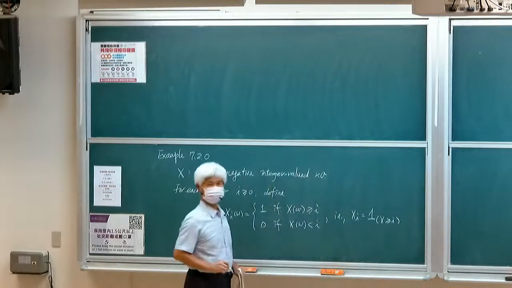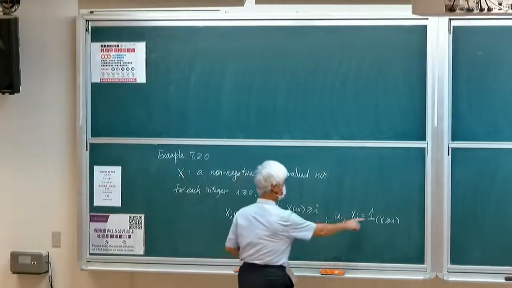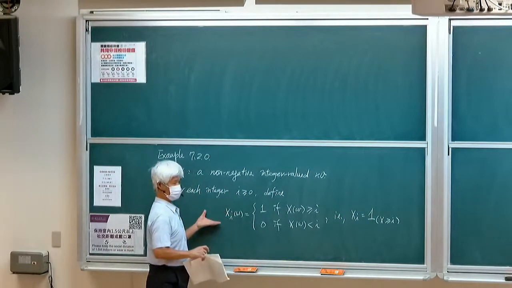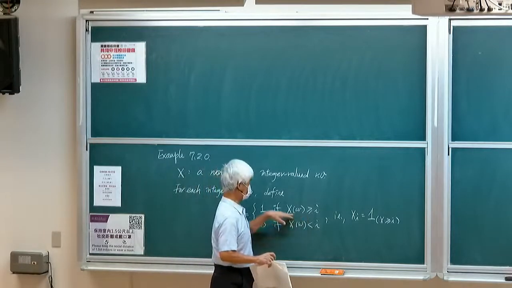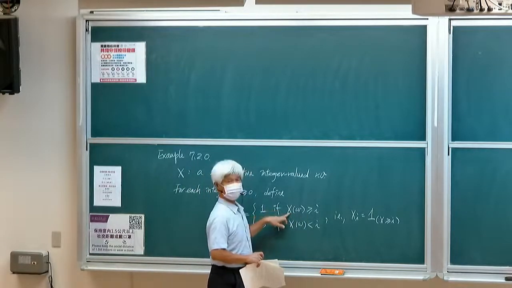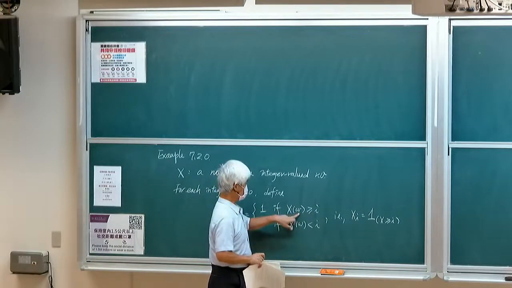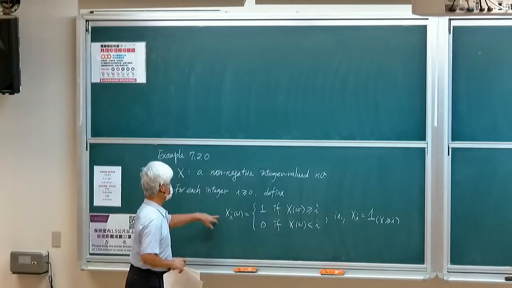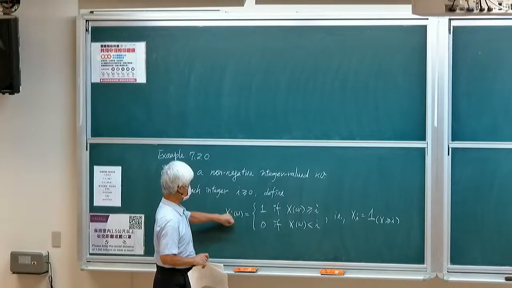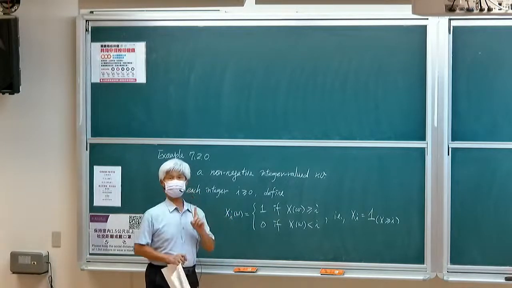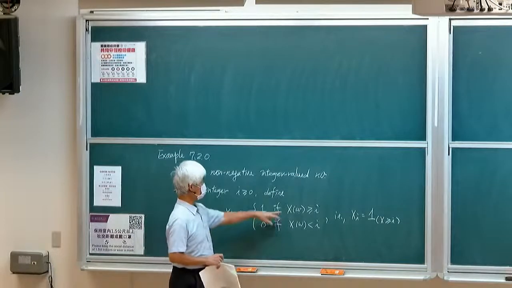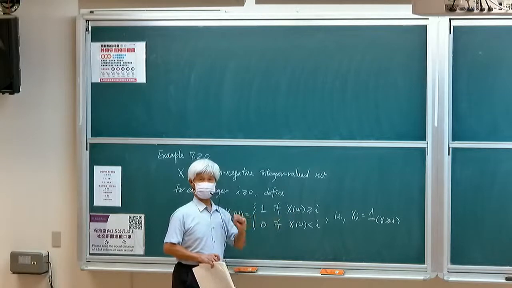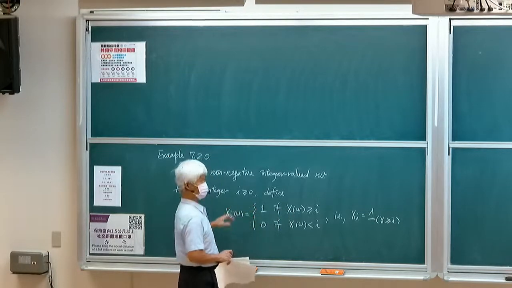This indicator is equal to 1 when this event occurs, that means that the value of this non-negative integer valued random variable is greater than or equal to i. Of course, if i equals 0, then X_0 is equal to 1, because the value of this random variable is always greater than or equal to 0. Okay, so that is the special case.